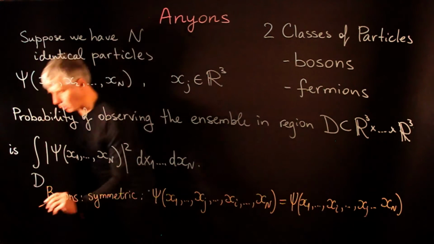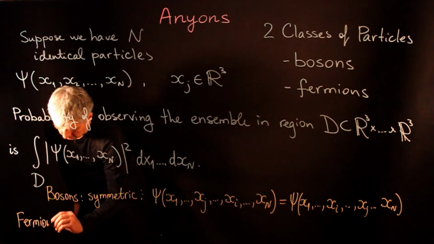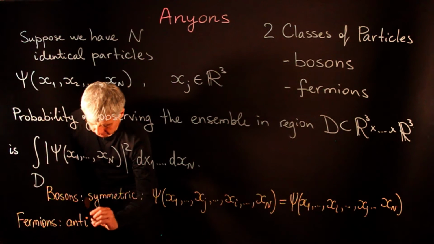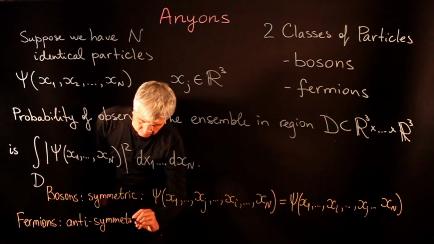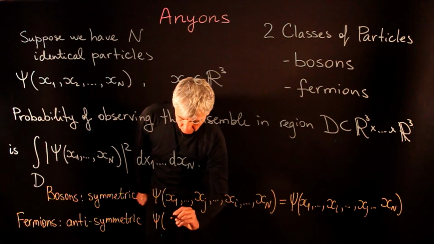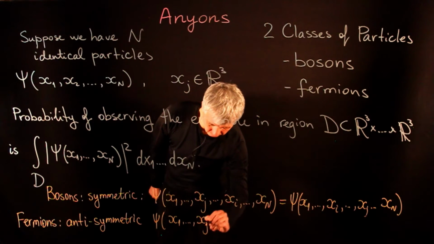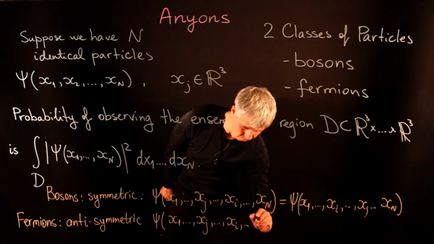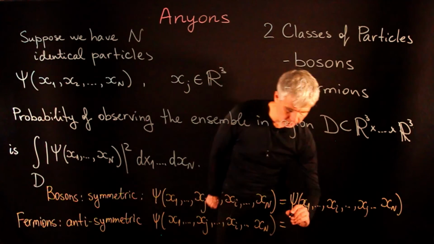Whereas for fermions, the wave function is antisymmetric. So if we interchange two variables, then the wave function will switch the sign.